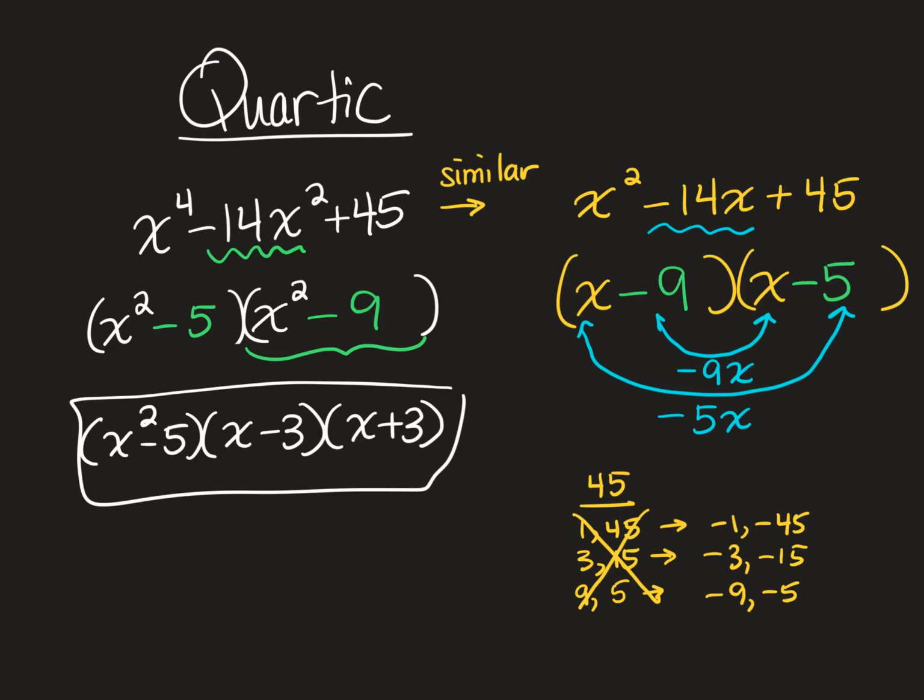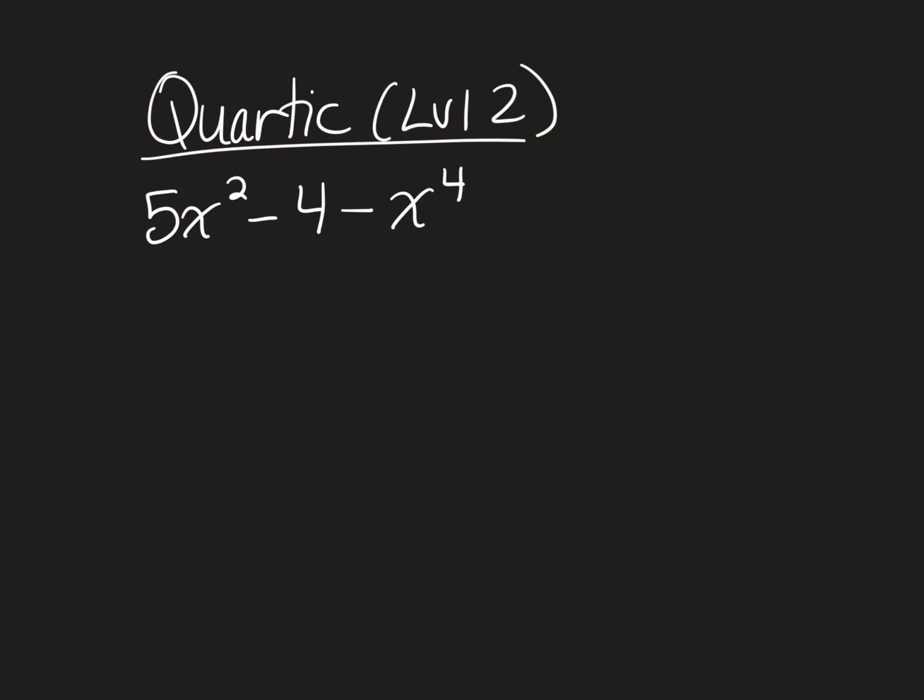So let's talk about it if you have something like this. So this is also a quartic, but it's written kind of funny. So I'm just going to rearrange the terms. All right, I'm going to write this as negative x to the fourth. I'm going to put that as my first term because it has the highest power, plus 5x squared minus 4.